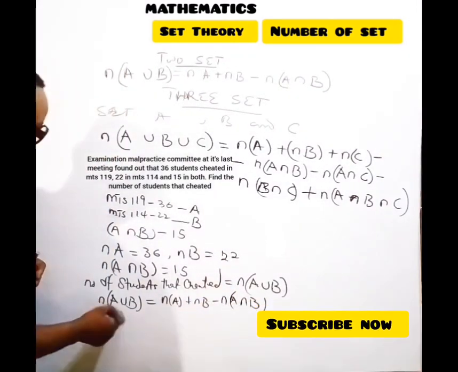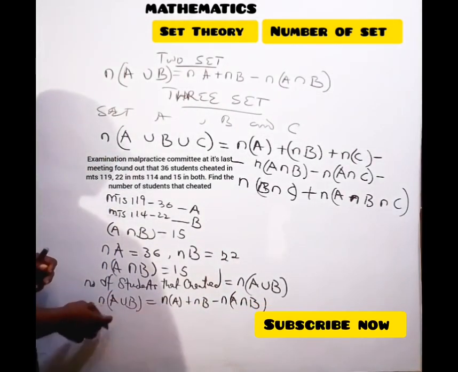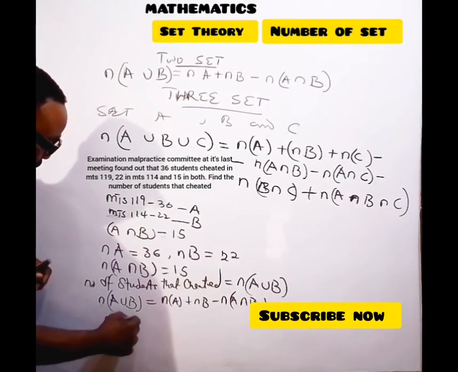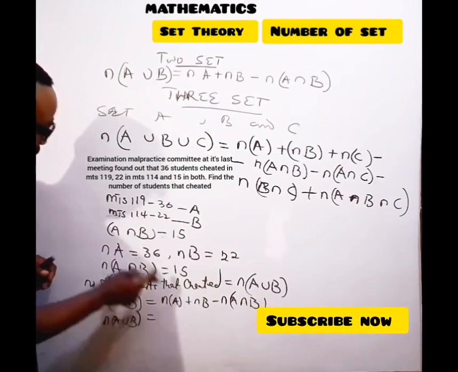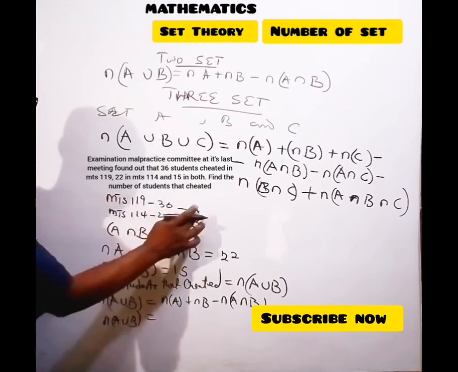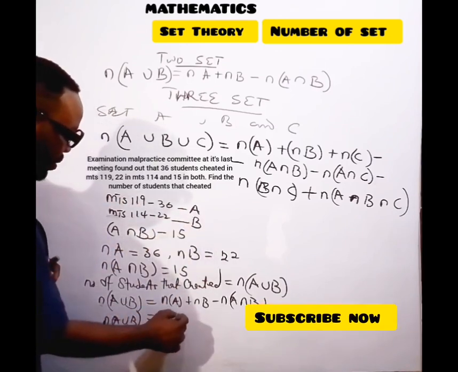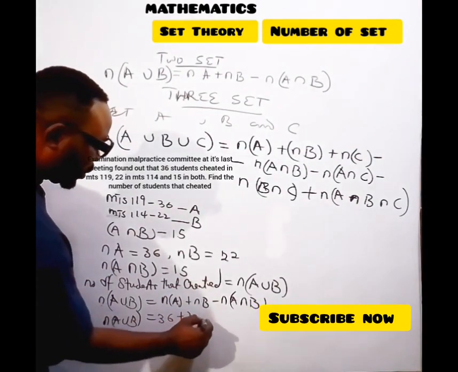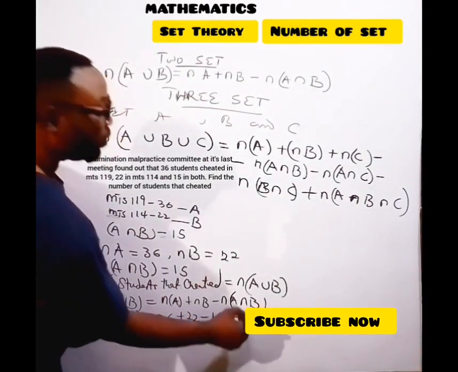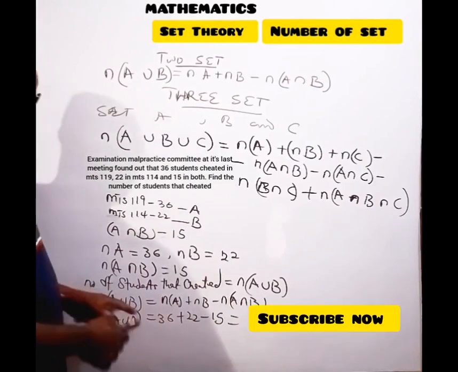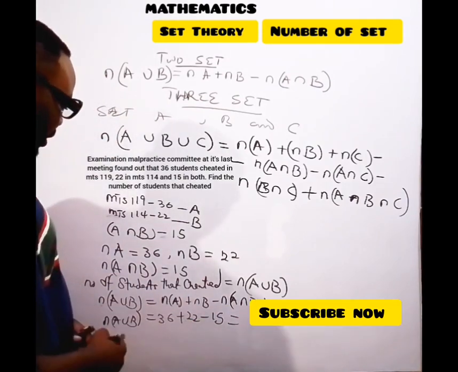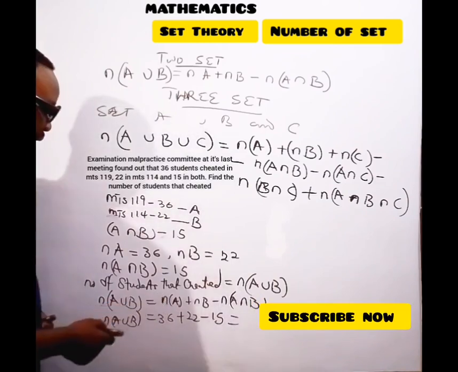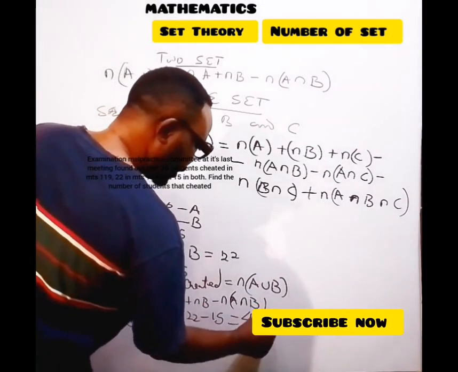So, to find the value of those students that cheated totally, number of A union B will be equal to number of A, which is 36, plus 22, minus 15. 36 plus 22 will be equal to 58. 58 minus 15 will give me 43.